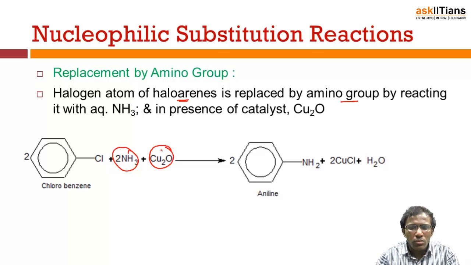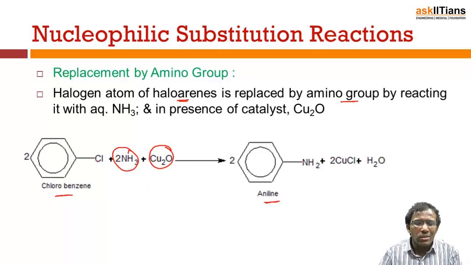In the presence of Cu2O, chlorobenzene yields aniline, where the chlorine is substituted by the NH2 group. So this is another nucleophilic substitution, the replacement of chlorine by the amino group.